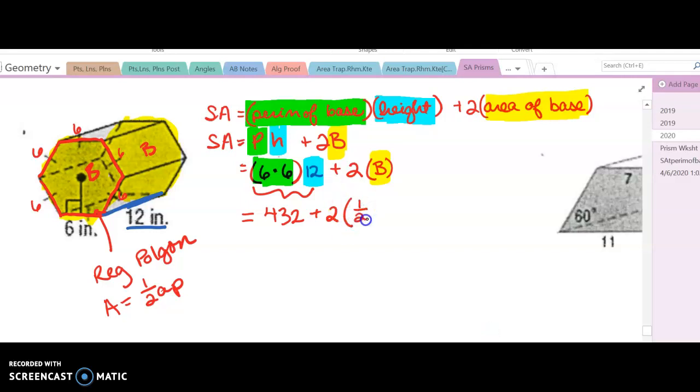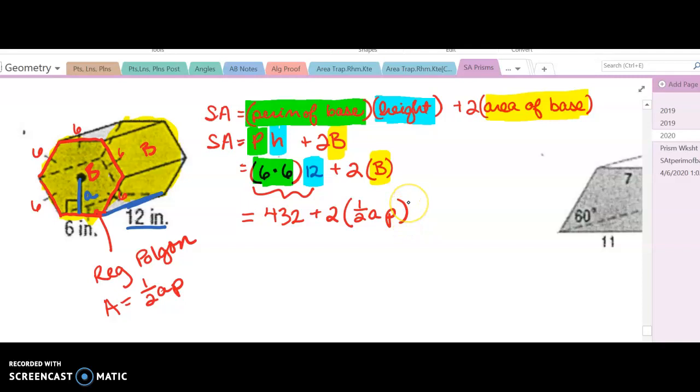So 1/2 apothem times perimeter. Okay, so let's pause for a minute. I want you to think about what do I know, what do I not know? A stands for apothem. We see the apothem is right here, but we do not know its length yet. Do we know perimeter of the base, perimeter of that regular polygon?